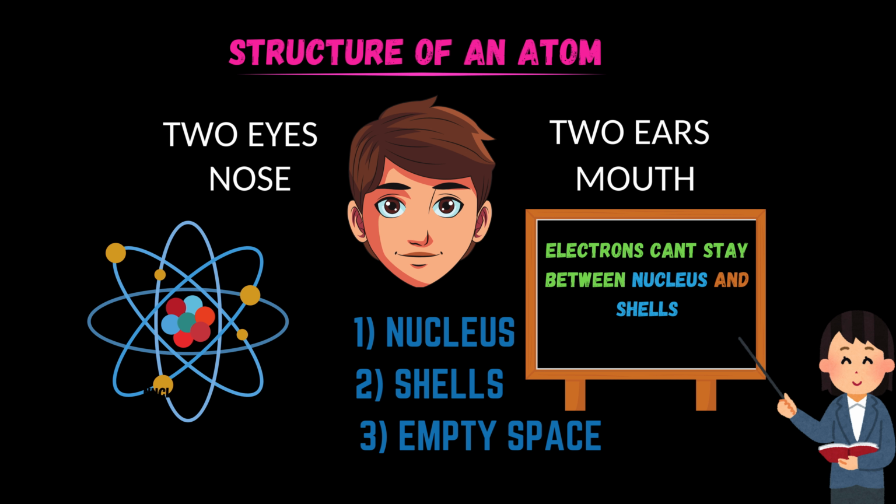Secondly, protons and neutrons are present in the nucleus. You can say that they are locked in the nucleus. The size of the nucleus compared to the rest of an atom is very small. We often say that the nucleus is very dense. Thus, we say that an atom contains a nucleus, empty space and shells or energy levels.